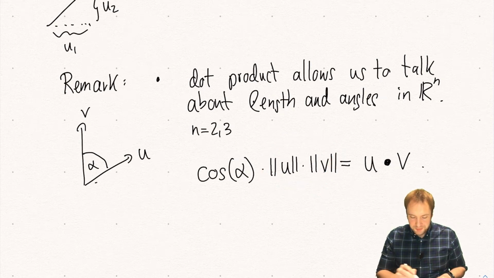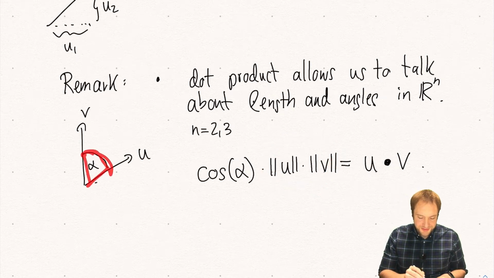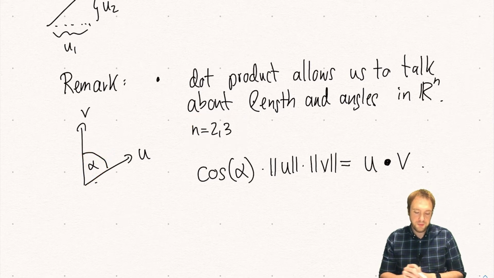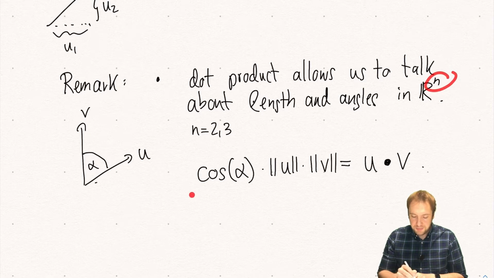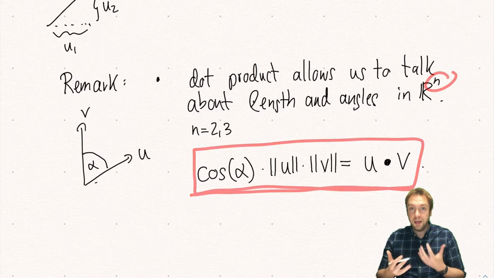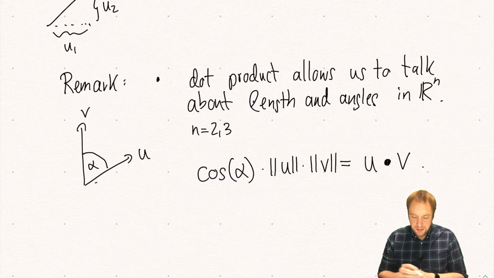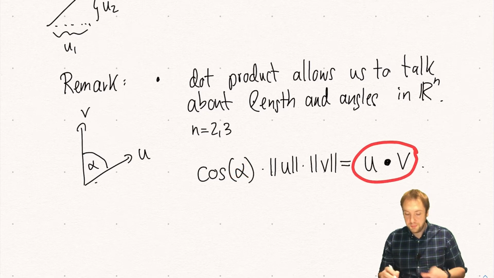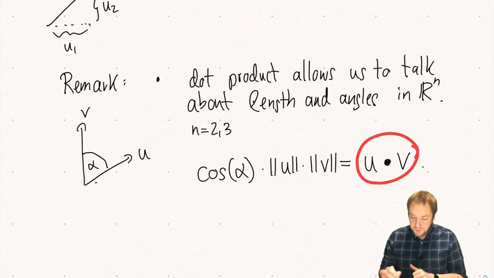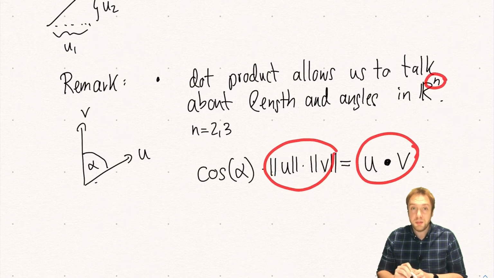But this interpretation as an angle just makes sense for us for the case 2 and 3. But for higher n, this can be used to define what we mean by an angle. We define the cosine of an angle between two vectors by taking the dot product divided by the product of the norms, because these two notions make sense for arbitrary n.